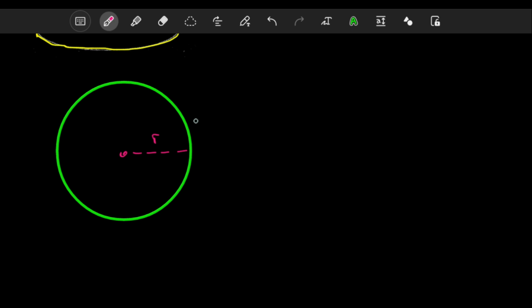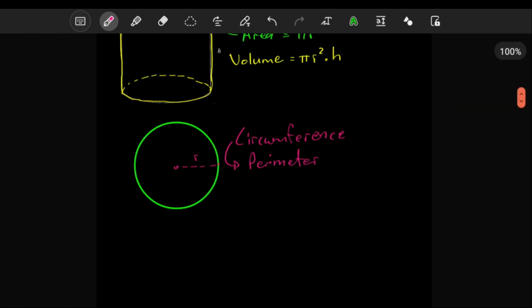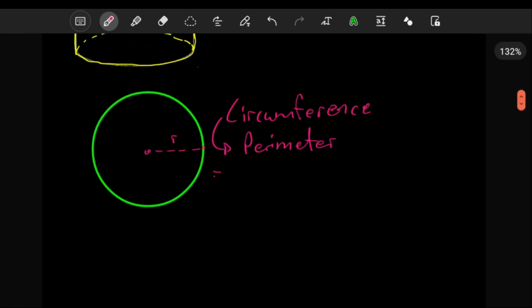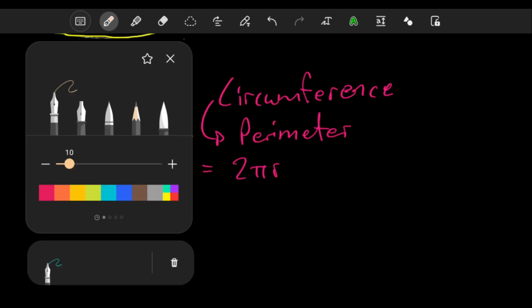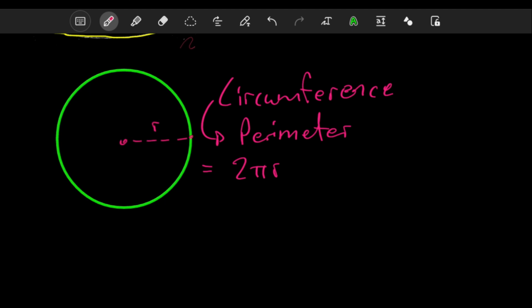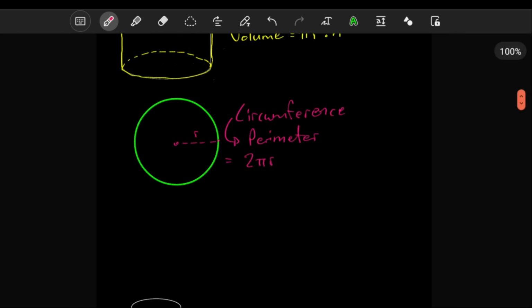What we need to keep in mind is things like circumference. Circumference, when it comes to a circle, is literally the same as the perimeter, and the perimeter or circumference is just 2 pi r. Don't make the mistake of putting something like 2 pi r squared. Your area is just pi r squared, your circumference is just 2 pi r.